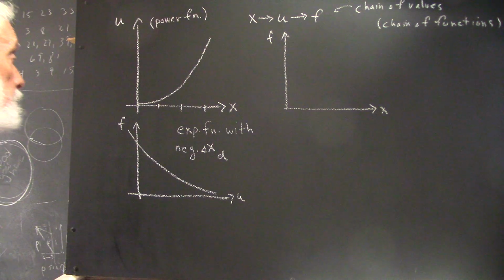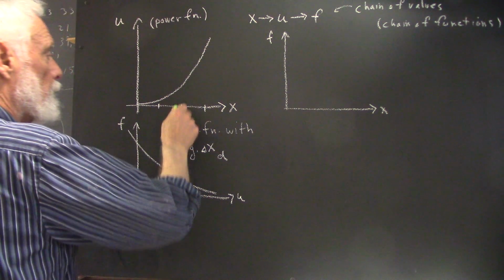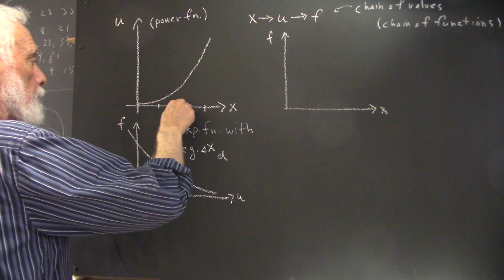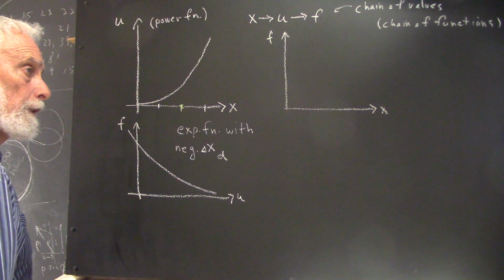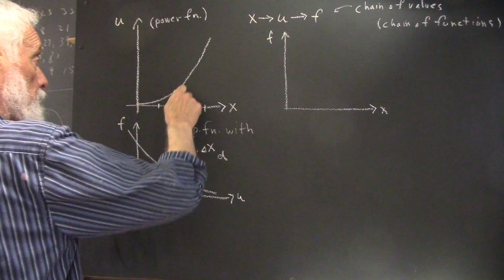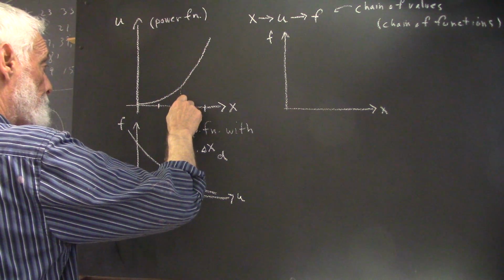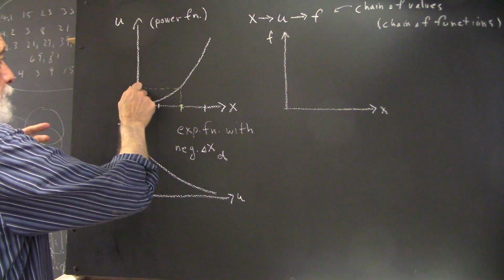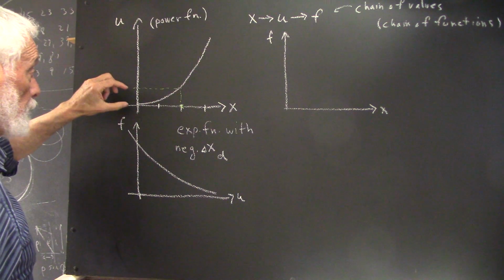We'll start with, let's say, this x value. Okay, so starting here at this value of x, we can get the value of u. How do we do that? Well, we just project up to the curve, and across here, and here's our value of u on the axis.